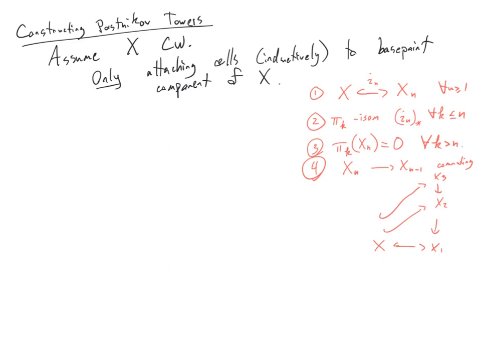So how do we do this? What we do is we construct X_n from X, and X is a great place to start because X already has all of the correct homotopy groups as X_n in degrees less than or equal to n. All we really want to do is kill the higher homotopy groups.